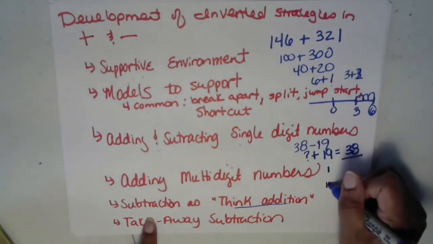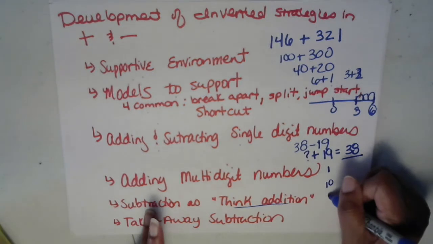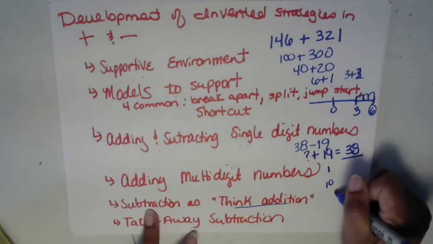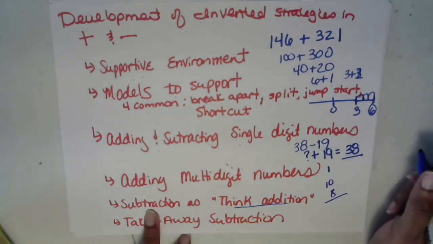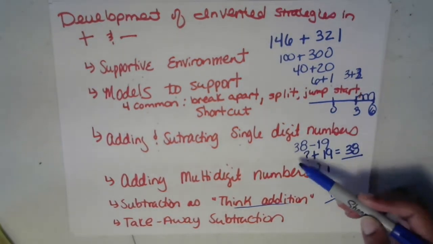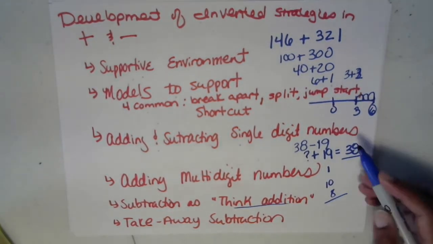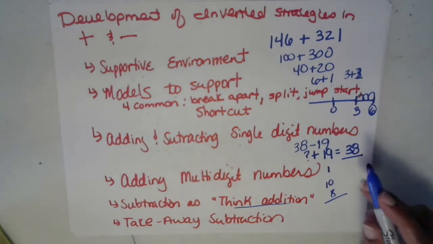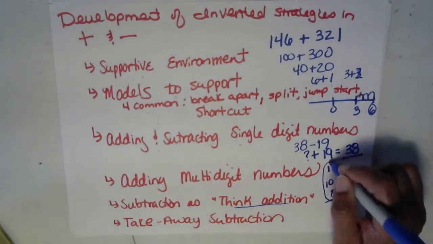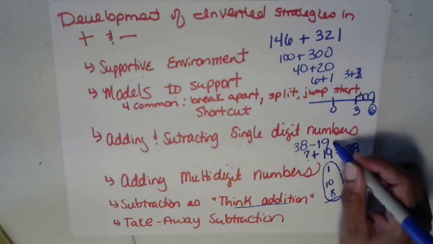If I add 10, I'm at 30. And then if I add 8, I'm at 38. So what number is this? It's 19. So this might be easier, especially for your students with disabilities.